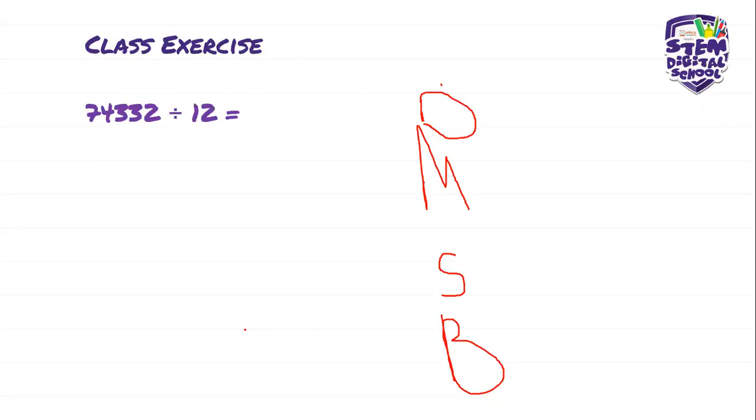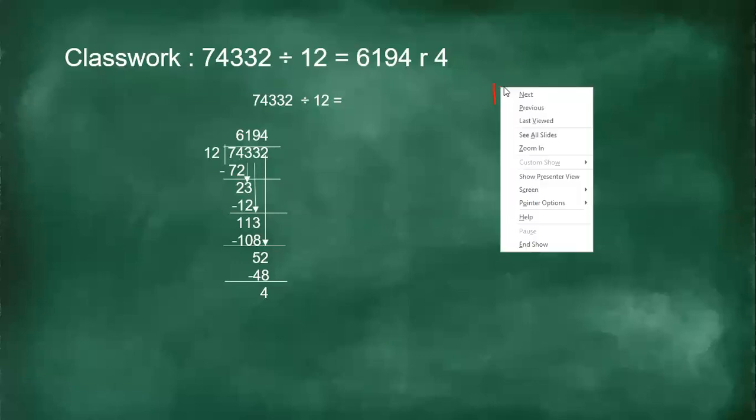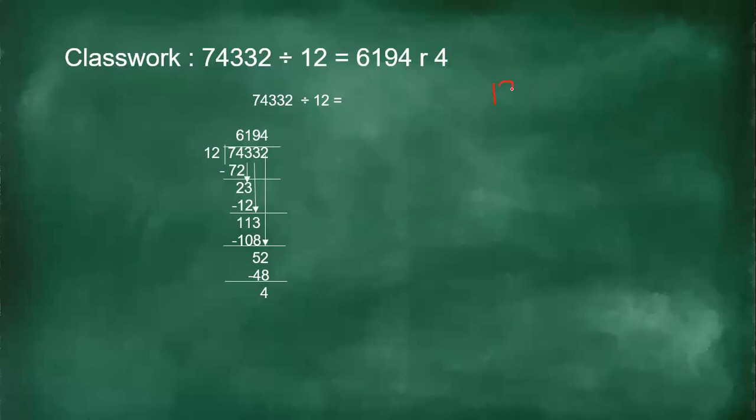Right, I'll do it. We've got 74,332 divided by 12. First things first, you are not going to divide any number that's below 12 itself.